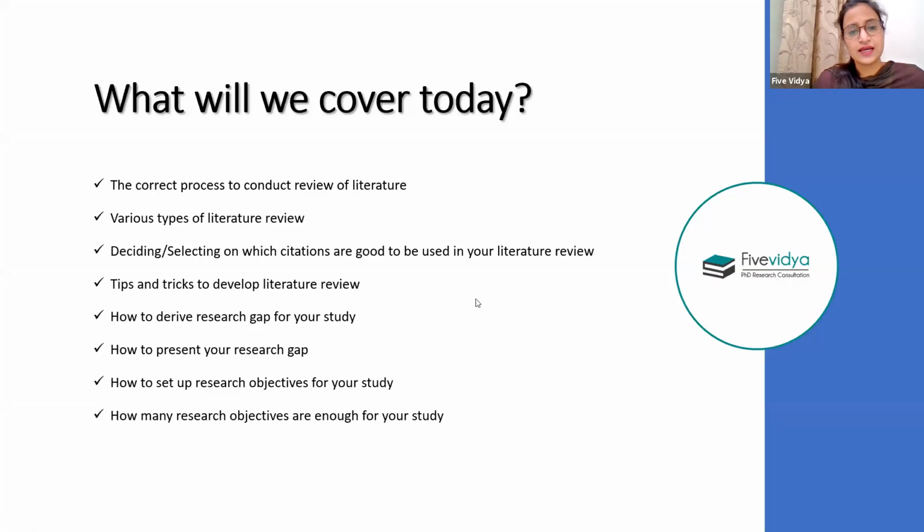Then what are the tips and tricks to write a literature review? How you can derive a research gap for your study and how you have to present the research gap in your research work. Then the third part of the presentation will look at the research objectives, how you can set up the research objectives for your study and how many research objectives are enough for your research study.